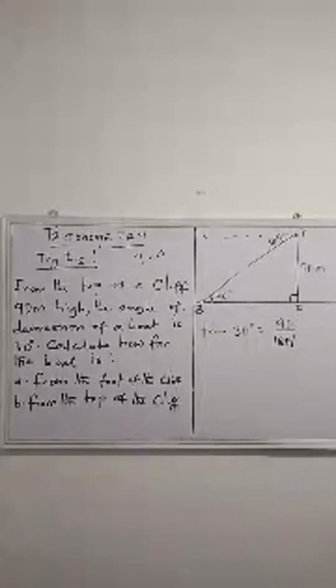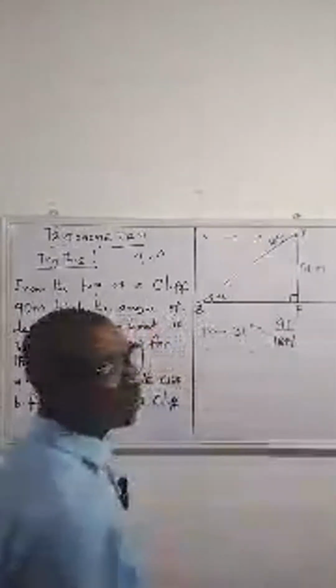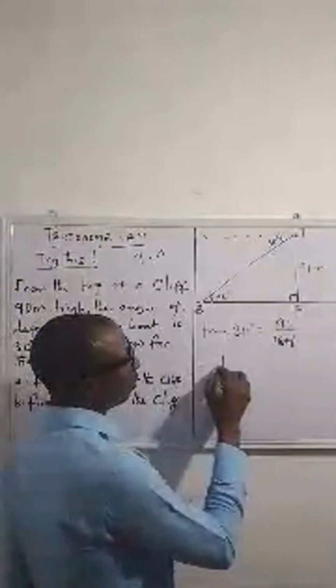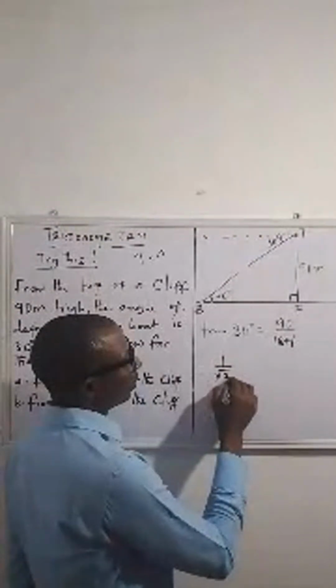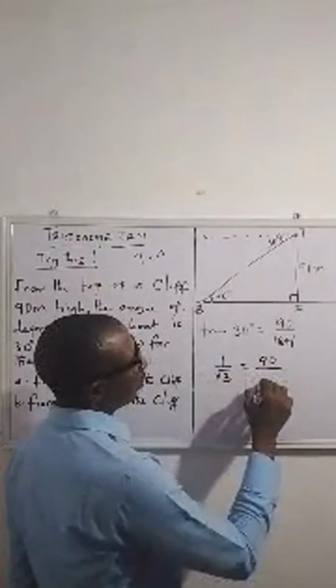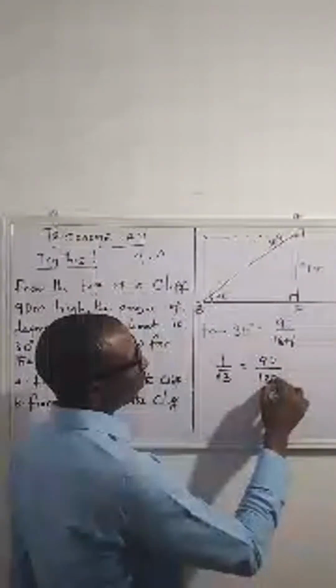Okay, I can see Omolara's result. That is 1 over square root of 3. So now tan 30 is 1 over square root of 3. That's correct. So we have 1 over square root of 3 equals 90 over BF.